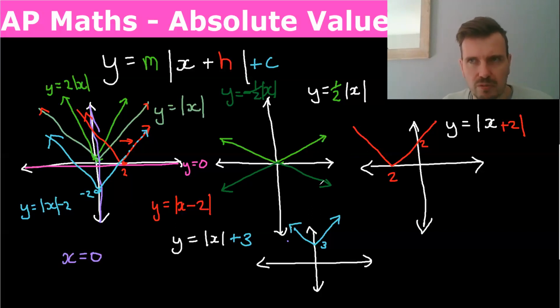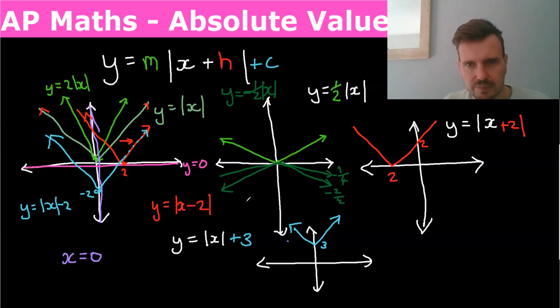Yes, so m tells you the steepness of the v, because these are always a v. If it's a negative a quarter, as you said, that's going to be along in the middle. So this would be negative a quarter, and this would be negative a half.